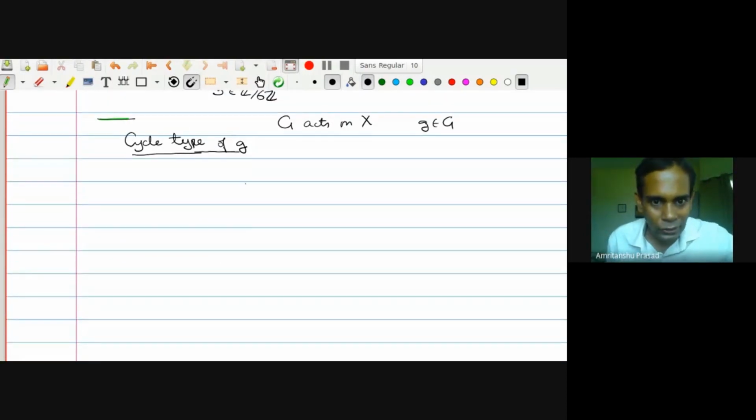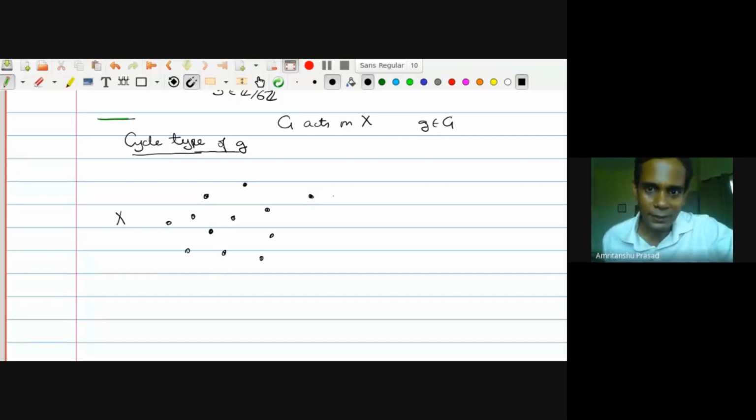Okay, so I'll just draw the elements of my set X. I'll just think of it as a cloud of points.